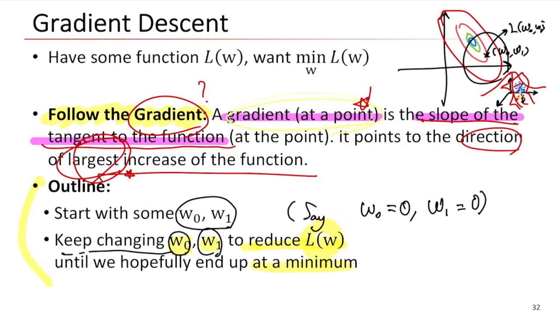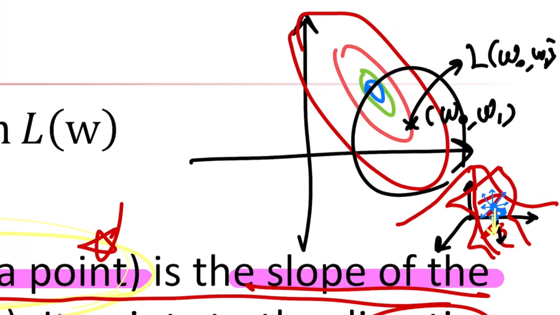So we introduced the gradient descent algorithm, where we follow the gradient because the gradient is the slope of the tangent to the function. So it points in the direction of the largest increase of the function. What does that mean? As you can see here, if the contour looks like this, to find the global optimum we should go downhill from some arbitrary point.